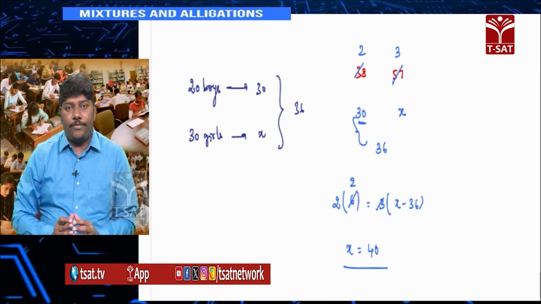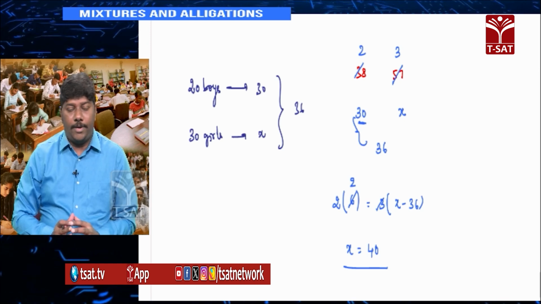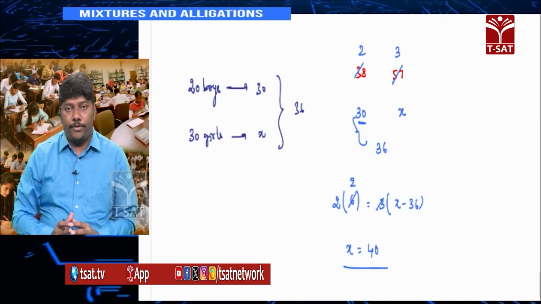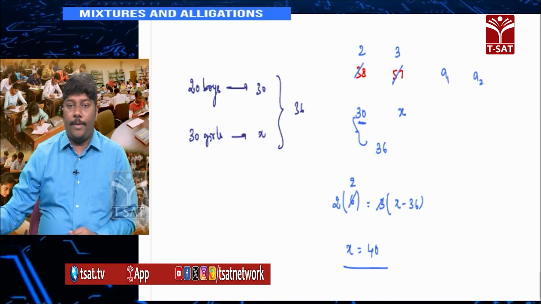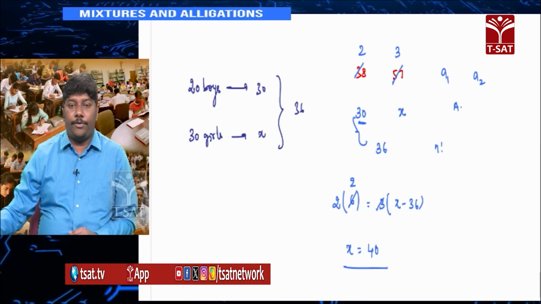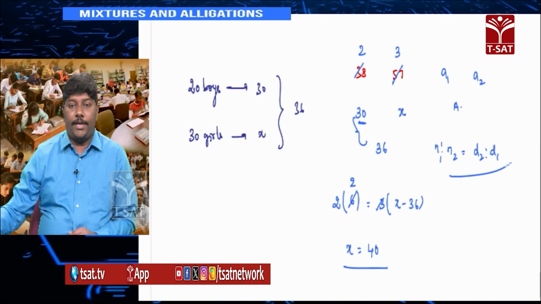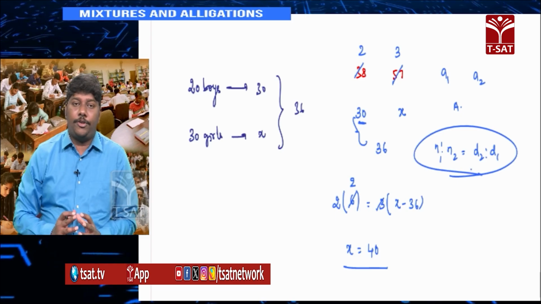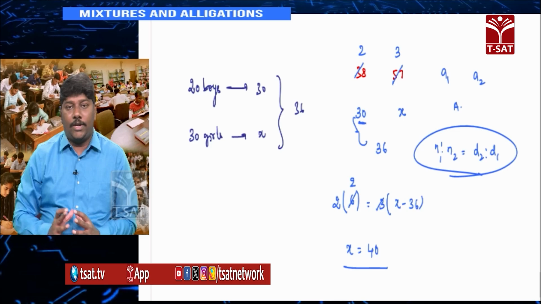So if anything out of N1, N2, A1, A2 is missing, always use the formula N1D1 = N2D2. Suppose they are giving you A1, A2, capital A, and they are asking about N1 is to N2. You know what N1 is to N2 is? D2 is to D1. This is a typical alligation problem. In what ratio you need to mix these two solutions in order to get the resulting mixture in a certain concentration.